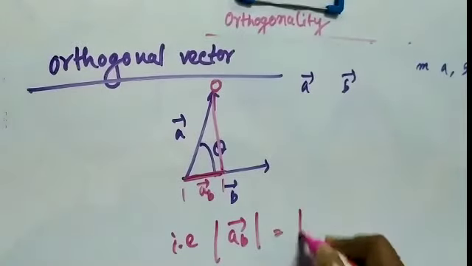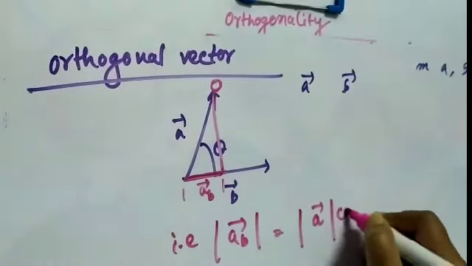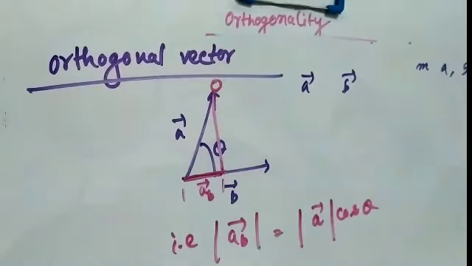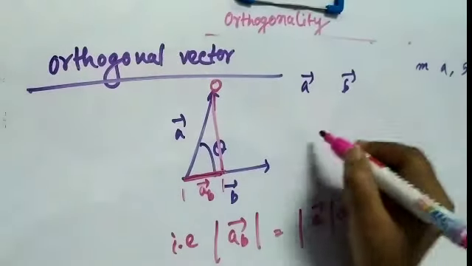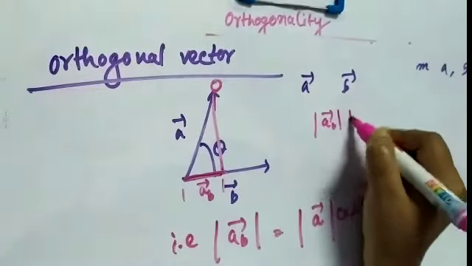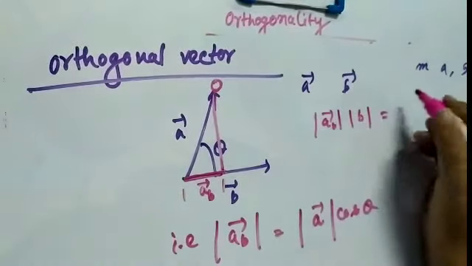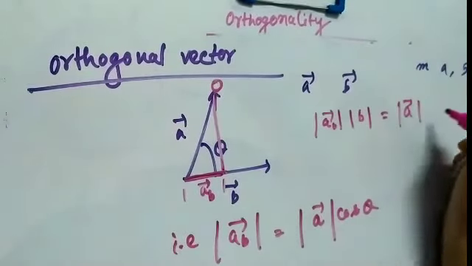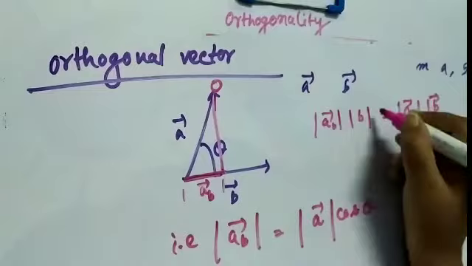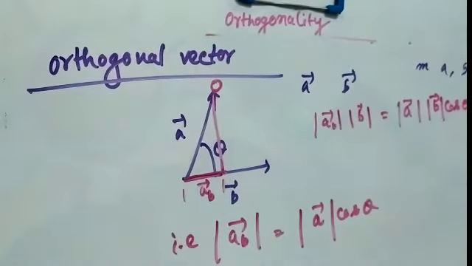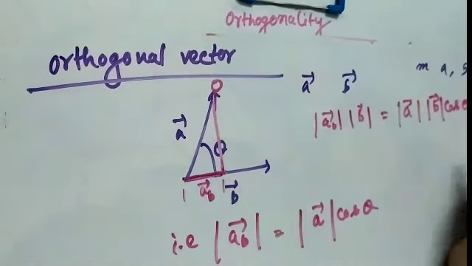So the value of AB is A cos theta. And if we multiply the magnitude of projection AB with the magnitude of B, it becomes A B cos theta, and this value is not equal to 0.